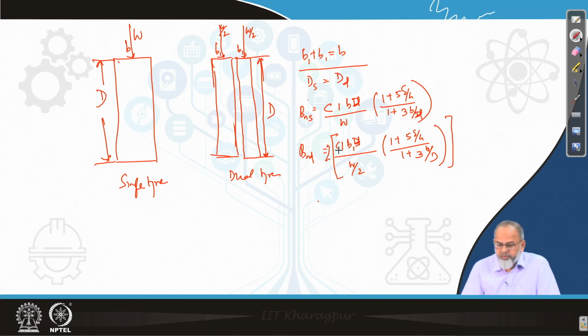Now total dual will be equal to 2 times that. So now if I want to find out which one is better, then I can take the ratio BN single by BN dual.